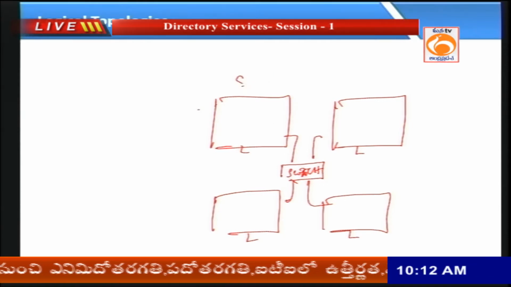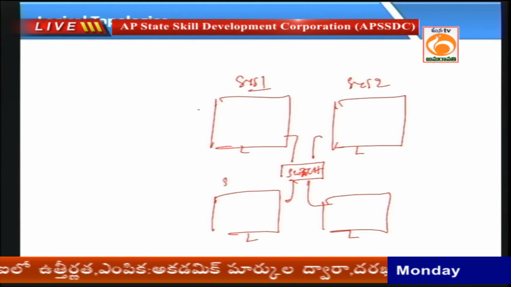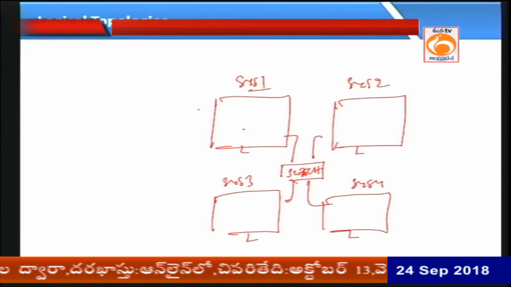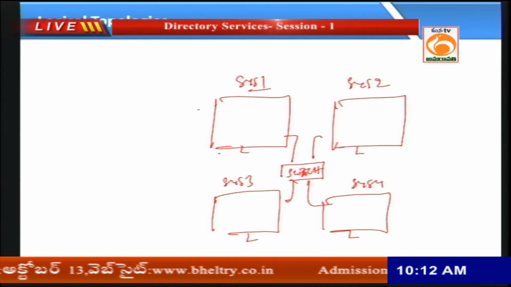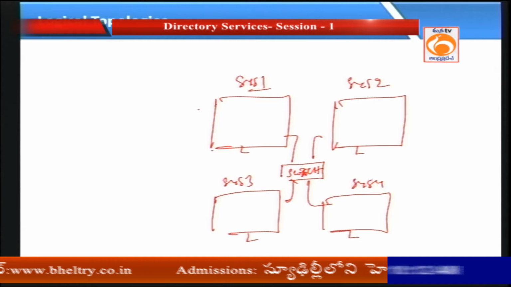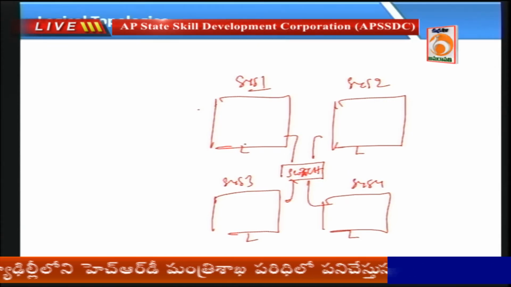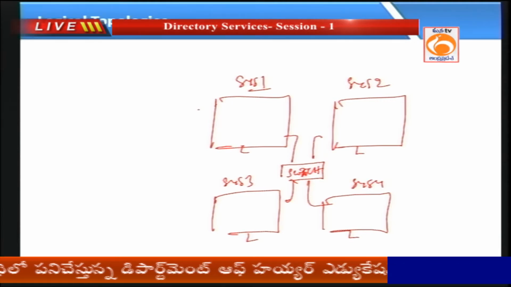Now, my system names are system 1, 2, 3 and 4. Four computers, how many employees? Four employees. Whenever an employee comes to the office, as the IT administrator, what is your responsibility? To create a user account, which I will show you in the next sessions.